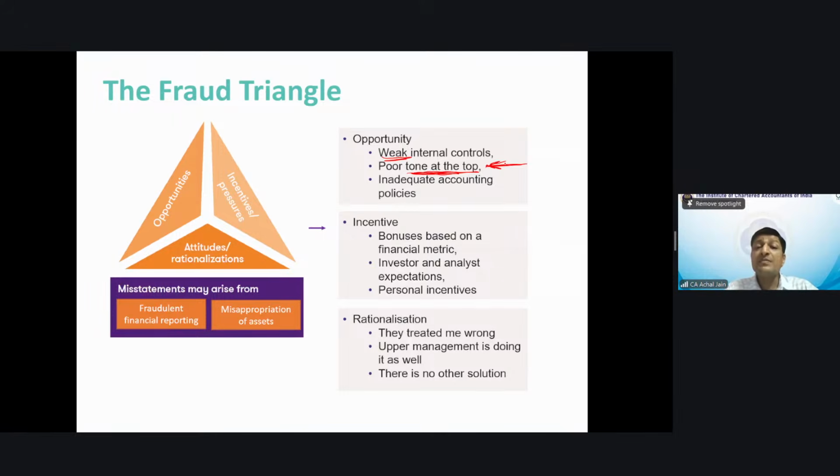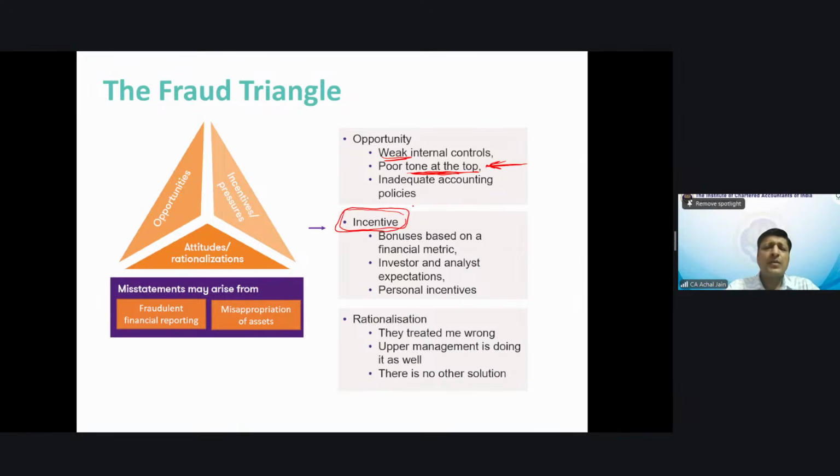They will always be inclined towards achieving that number as high as possible. Why? Because the higher the number, the higher the compensation. Yes or no? So at times, there could also be an incentive which is leading the management or the employees to move towards this fraud.